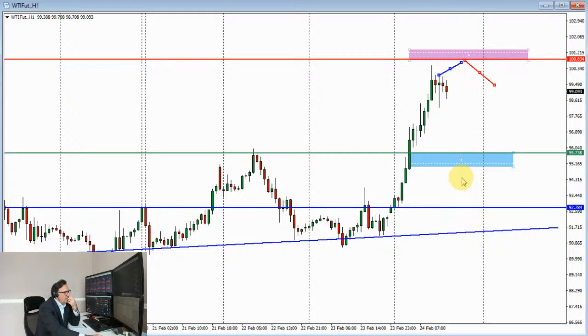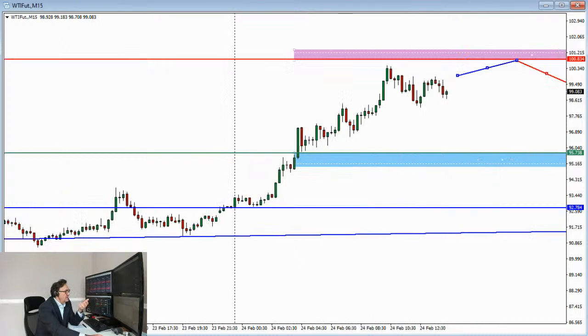Now, what would I like to do with oil? I don't really want to be involved with oil at these levels. I think if I was looking to buy this from the price action breakout point of view, although technically this appears to be a good setup.